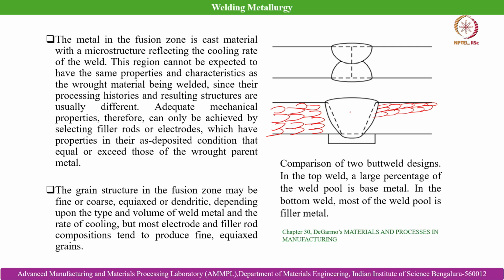So, generally the grain structure becomes much finer in this region of the weld pool compared to the grain structure already present in the base metal, and moreover the shape and morphology of the grains is largely different than the shape of the grains present in the original workpiece.